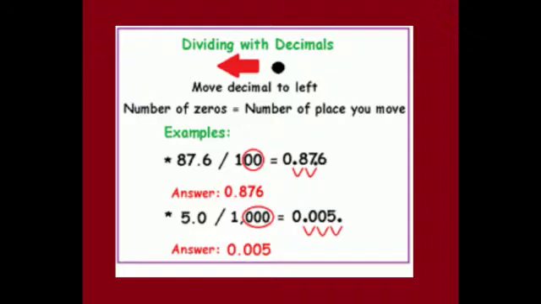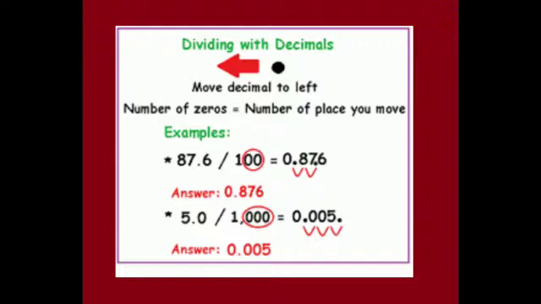Next, division of decimal numbers by 100 and 1000. If we are dividing any decimal number by 100, we have to move the decimal point two places to the left. Likewise, if we are dividing by 1000, we move the decimal point three places to the left.